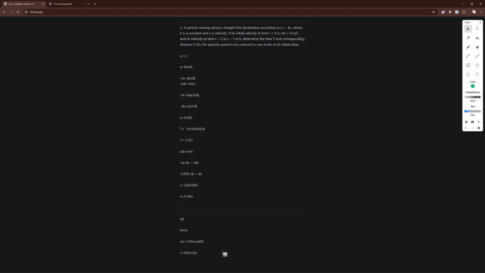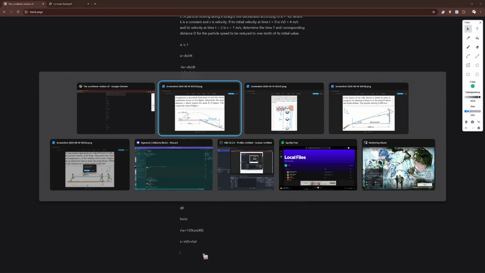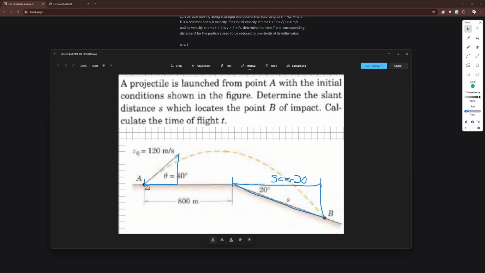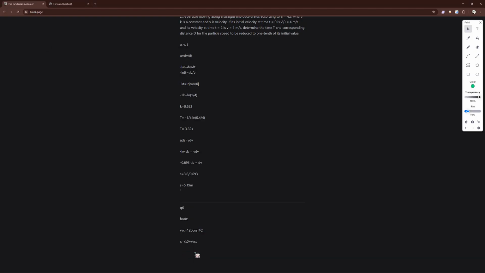Now we can change this. We know that x naught is 0. And we know that x is going to be from here all the way to here. That is our x distance. So what is that? 800 plus s cosine 20. And that's equal to vt.